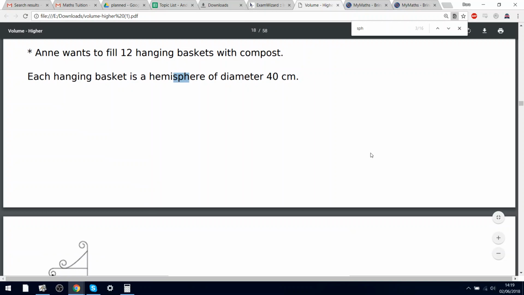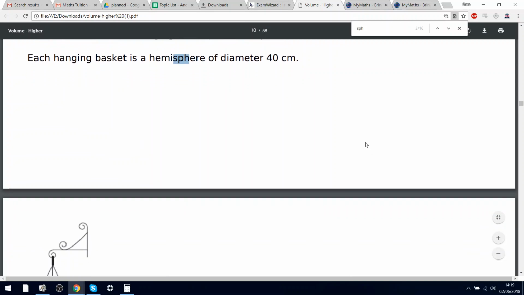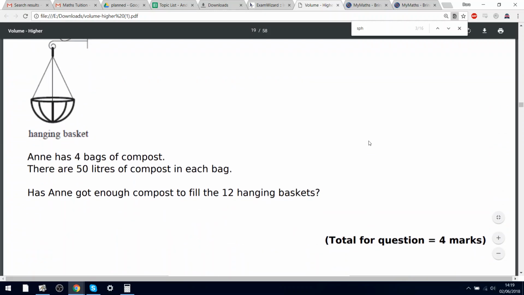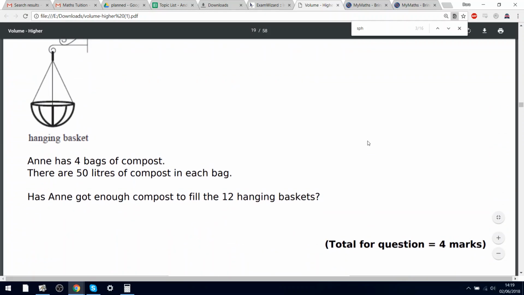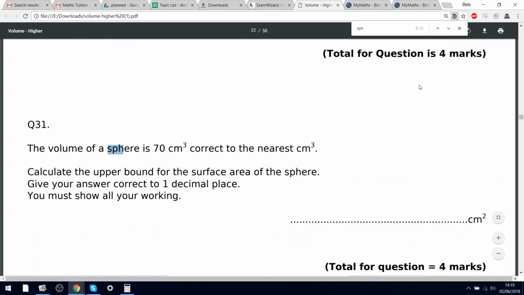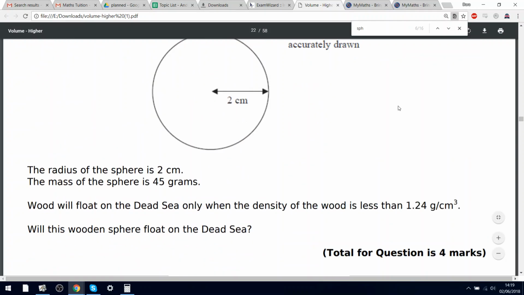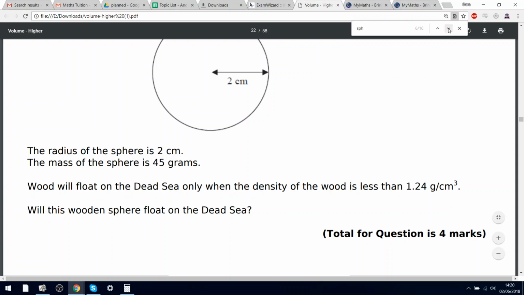And wants to fill 12 hanging baskets with compost. Hemisphere of diameter 40. Hanging baskets. Okay, so I think you're going to be fine for those. Upper bound stuff is a bit different. Solid wooden sphere. It's a bit different.